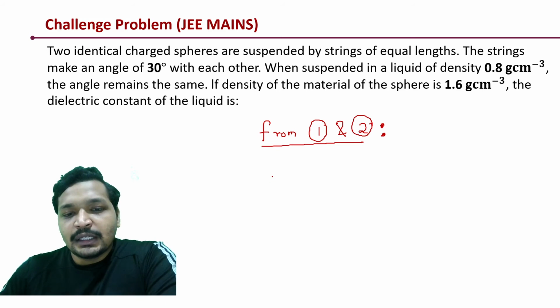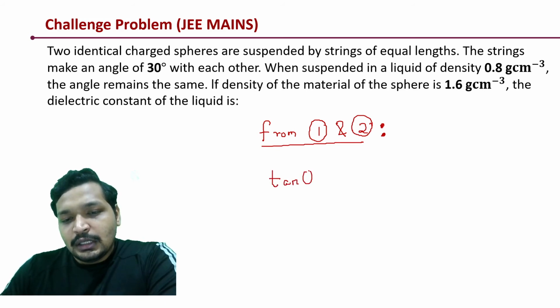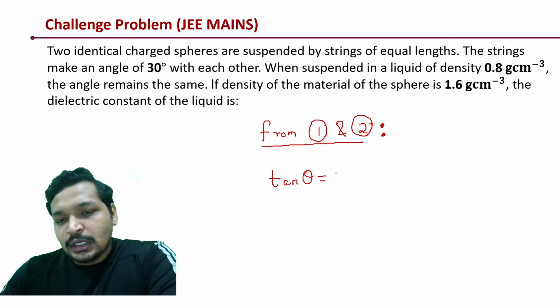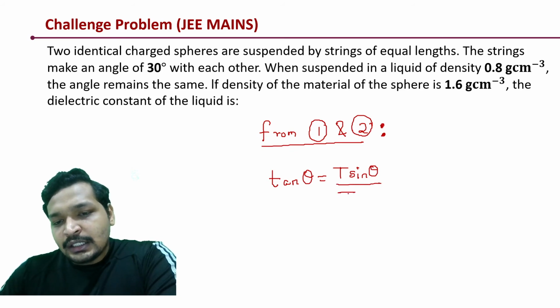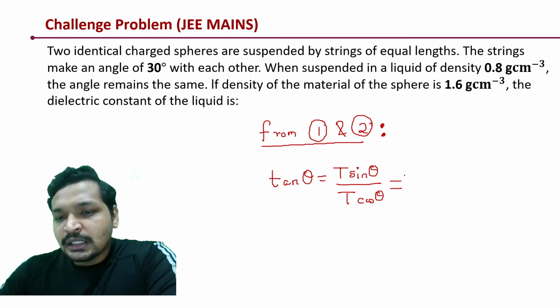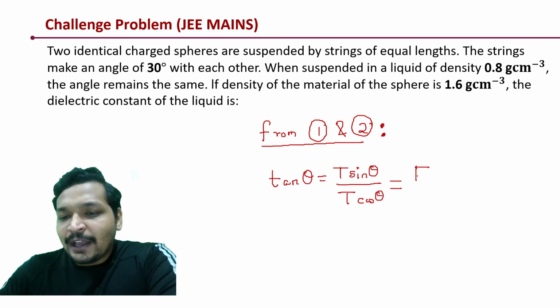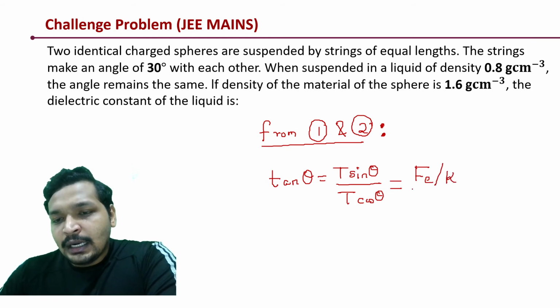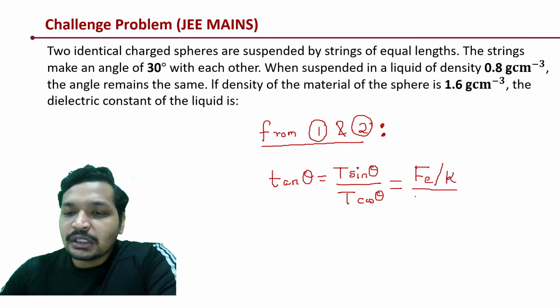We have tan theta equal to T sin theta component divided by T cos theta component, which is equal to how much? The numerator is now Fe by K, and the denominator, what was your T cos theta?